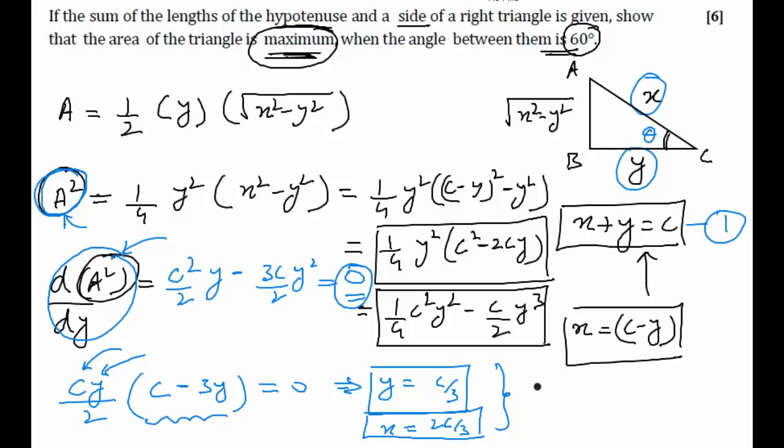Cos theta will be equal to base upon hypotenuse, y by x. But y in terms of c is c by 3 and x in terms of c is 2c by 3. This value on cancellation gives me cos theta is equal to 1 by 2, which means that theta should be equal to 60 degrees. This proves our required result.